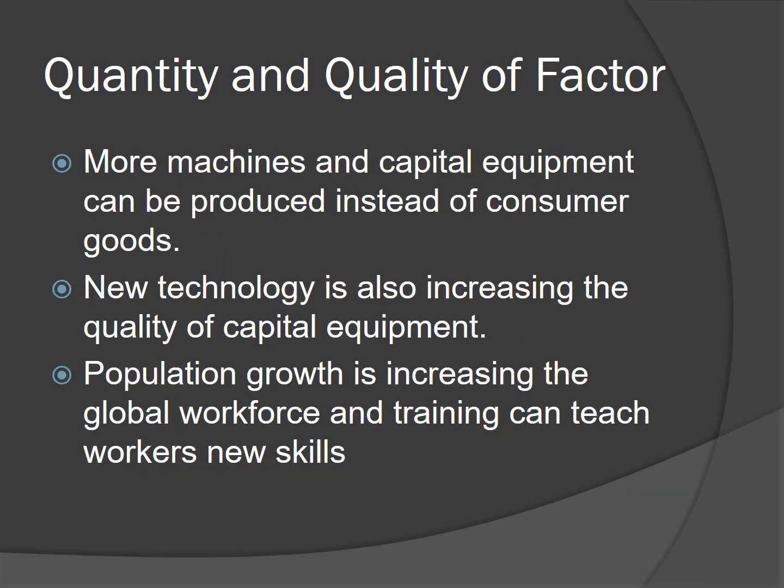More machines and capital equipment can be produced instead of consumer goods. New technology is also increasing the quality of capital equipment. Population growth is increasing the global workforce, and training can teach workers new skills.